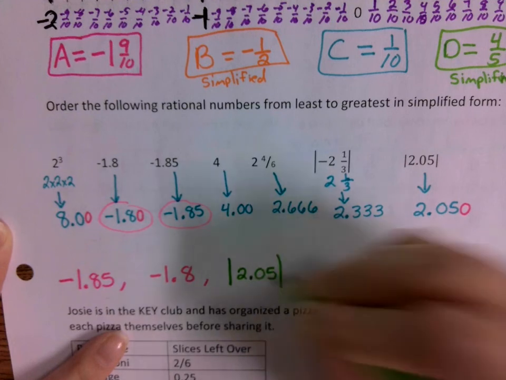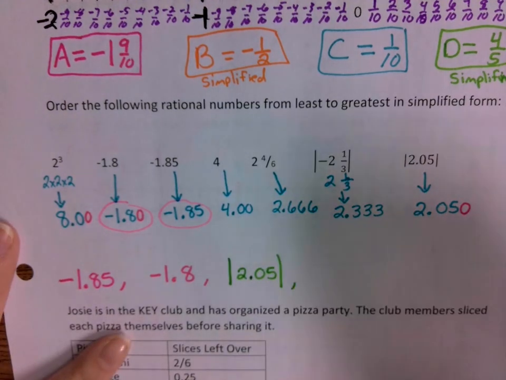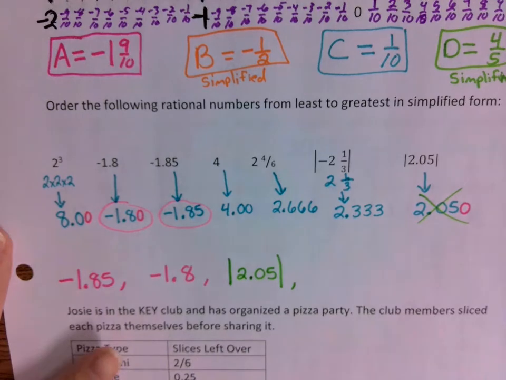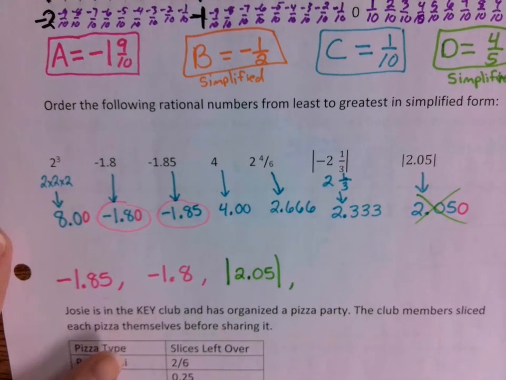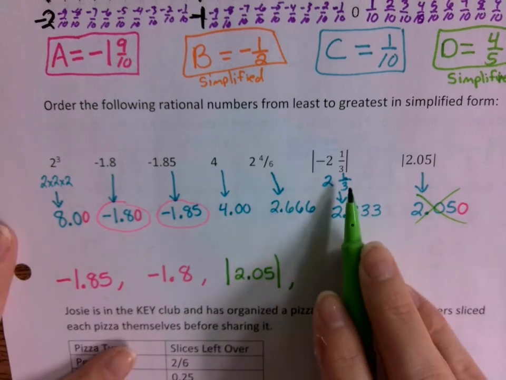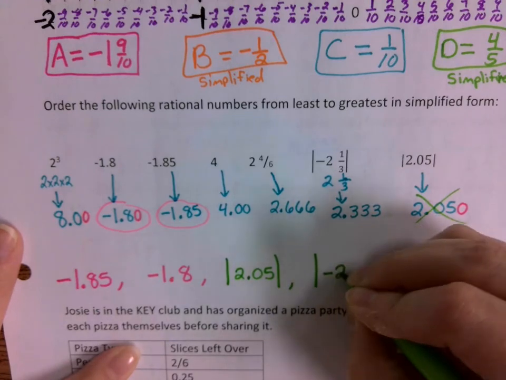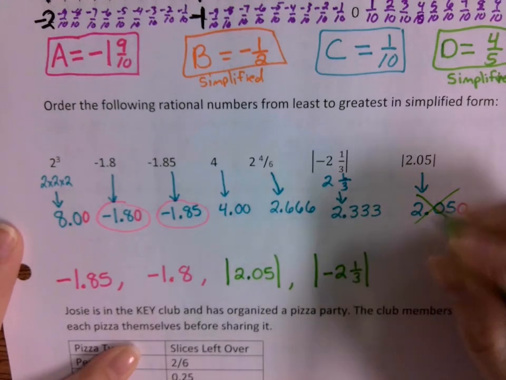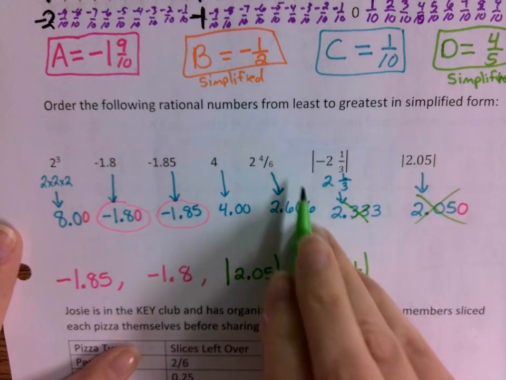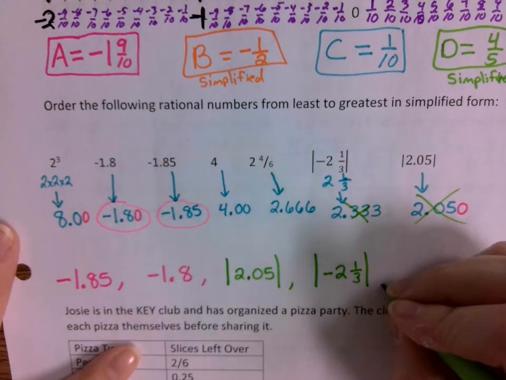Okay, so we've done this one. Now what's the next smallest number? Jeremy? Yep, and we're going to put it back in its original format. Original format was absolute value of negative 2 1/3. Okay, so that means that the last value of 2 point something, that's the 2 4/6, that's the next one that we focus on.